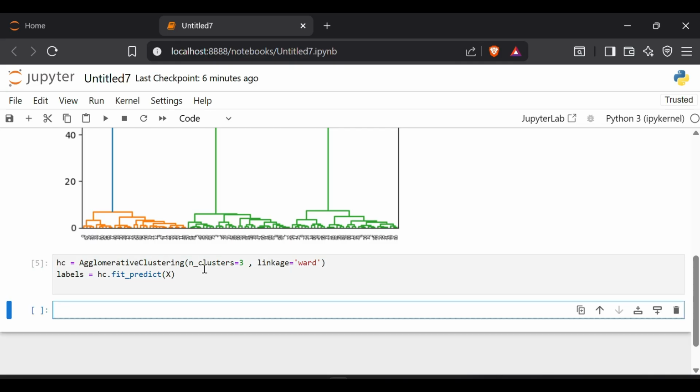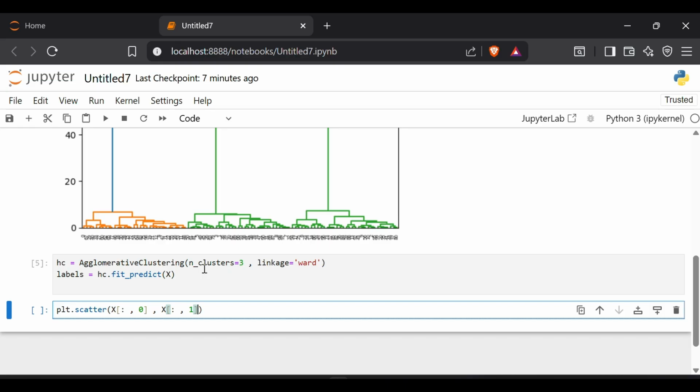Now we will plot it. For plotting it we have to write plot dot scatter, and then we have to give the value, so X, and in the bracket we will give colon comma 0, and your X value will be colon comma 1.